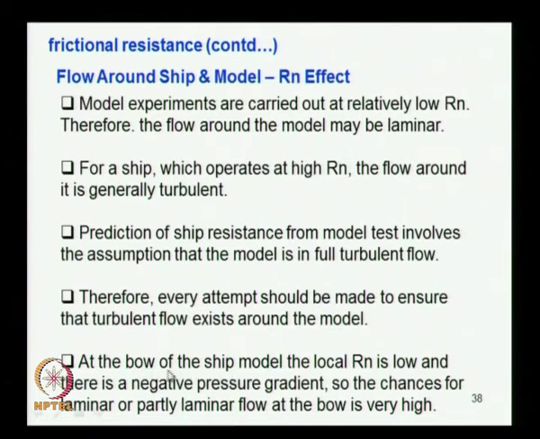You can see that at the bow of the ship model, the local Reynolds number is low, because the bow is a small length, maybe 10% of the length, so it is very small. The local Reynolds number is low even for the model and also for the ship. So, the forward region of the ship and also of the model will have a laminar flow condition, and there is a negative pressure gradient because the velocity increases.